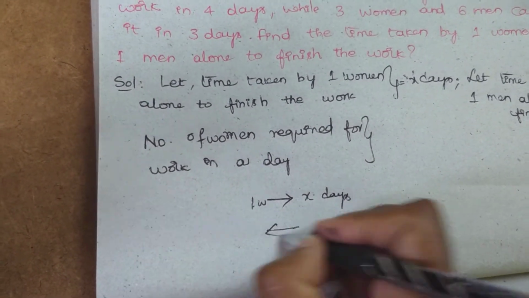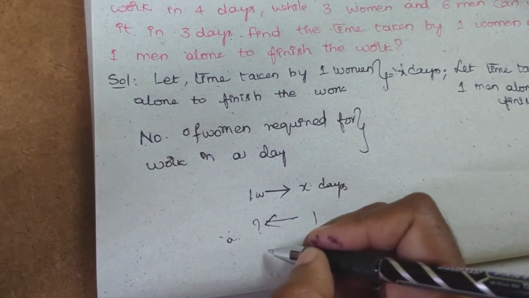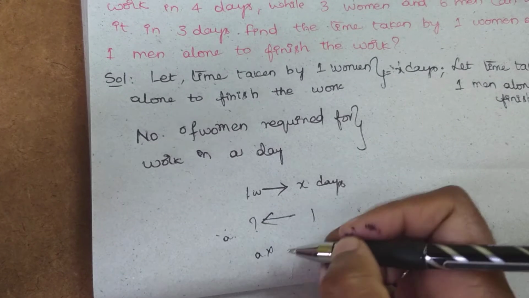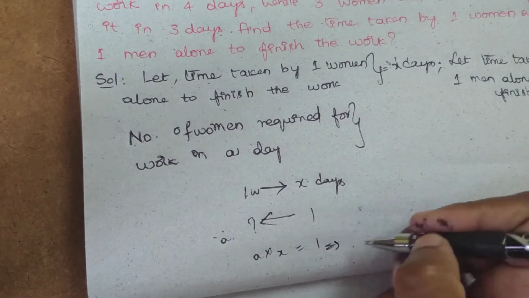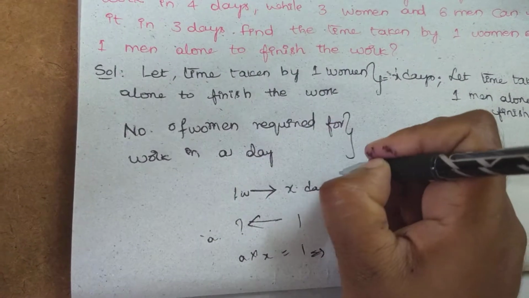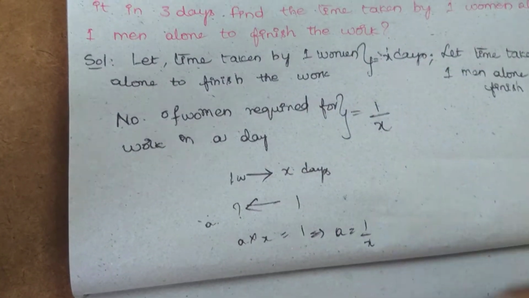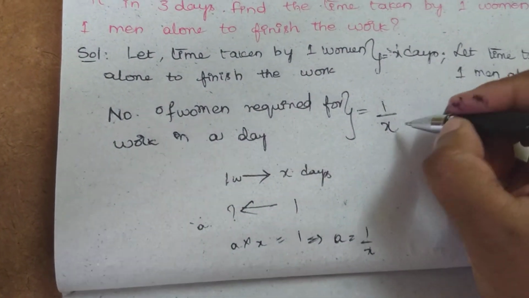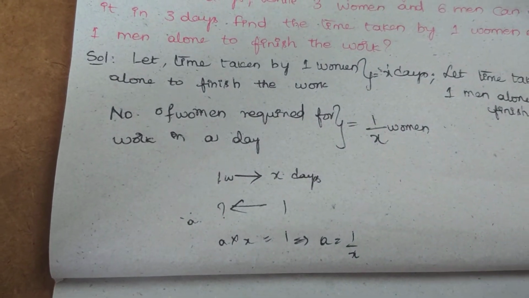For 1 day, how many women? Let us assume this as A. So do the cross multiplication: A into X equals 1. That implies A equals 1 by X. So the number of women required for work in a day is nothing but 1 by X women.